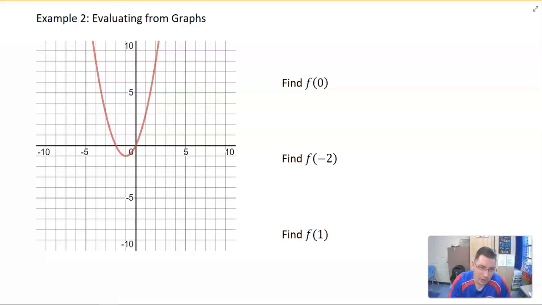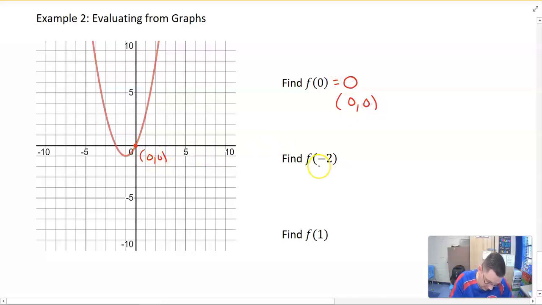All right, so f of 0, that means when x is 0, so that's here. So, oh, look, I'm right here. So I'm at the ordered pair (0, 0), right? So f of 0 is equal to 0. And at f of -2, so that's when x is -2, I'm at the ordered pair (-2, 0).